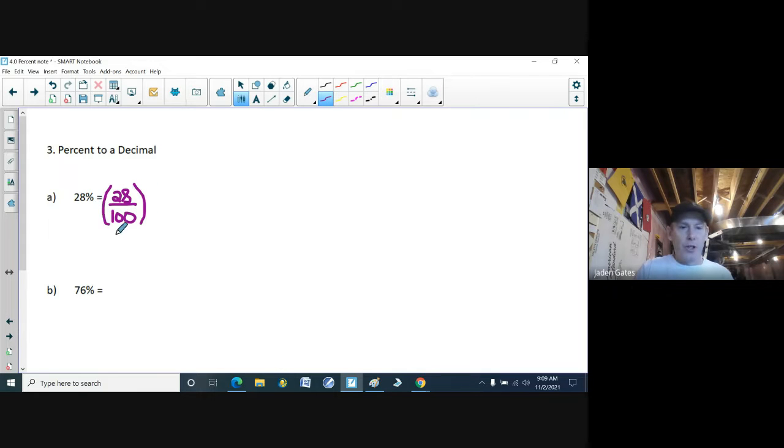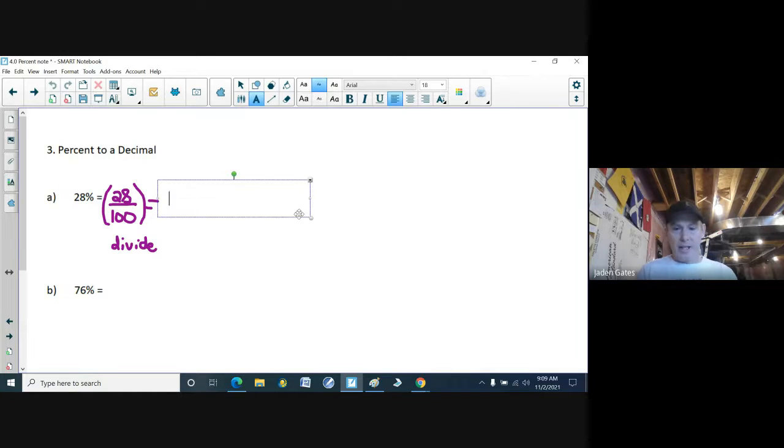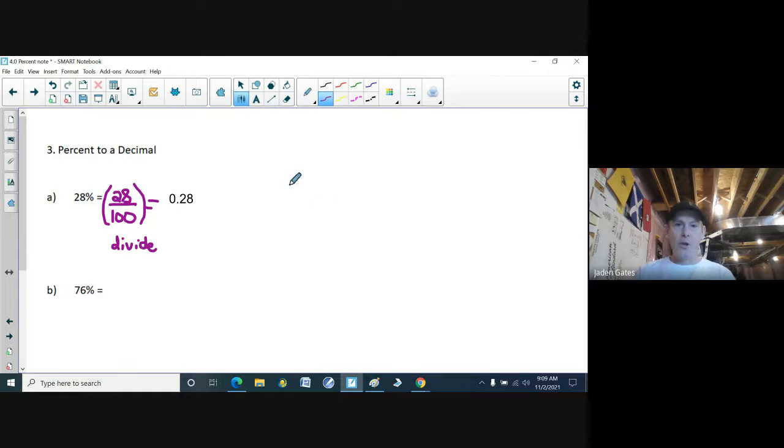And so then I'm going to divide 28 divided by 100, and I get 0.28. There we go. Now there are two steps. That's one way to do it.